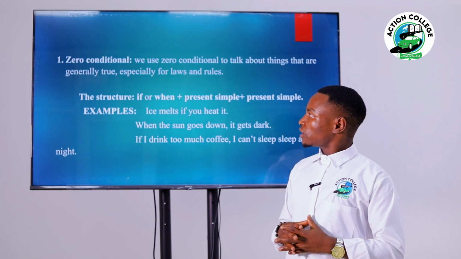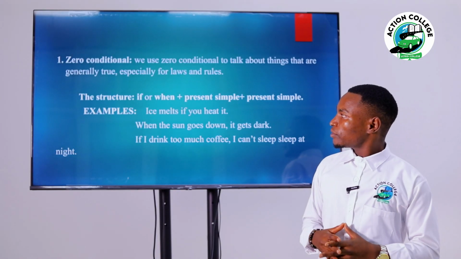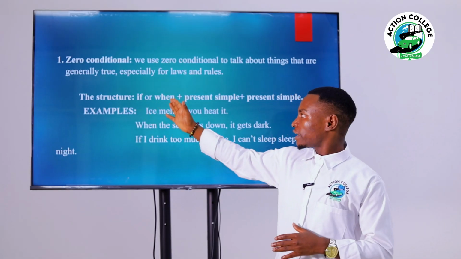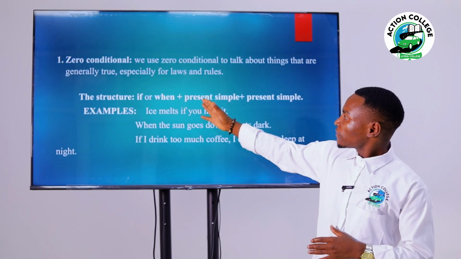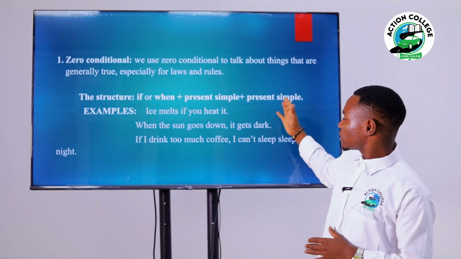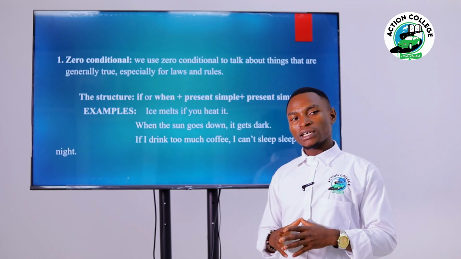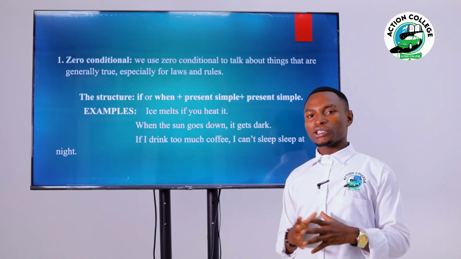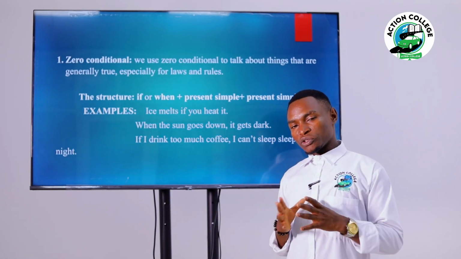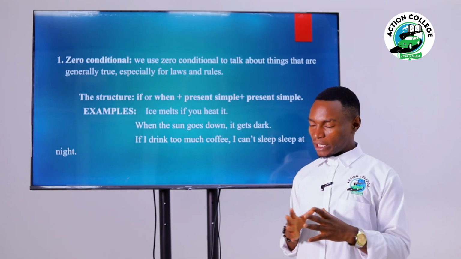The structure of this type, you must have either if or when plus present simple, then present simple again. It means while forming the zero conditional, you must have two clauses conjugated in simple present.